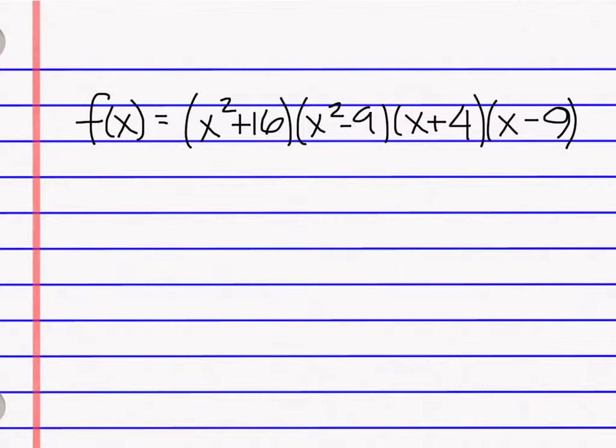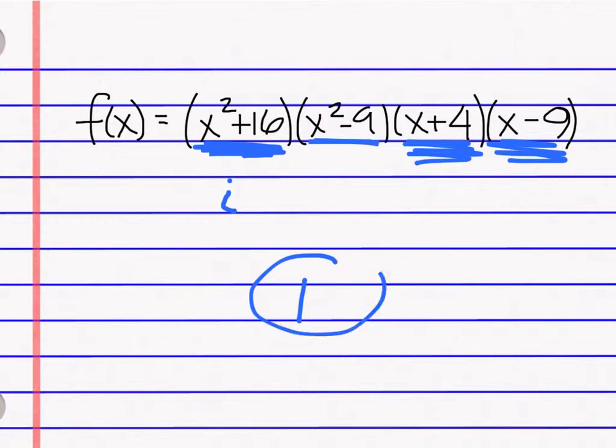On the practice, anytime you see a power of 2 and a plus sign, you're going to end up with an imaginary number. This is a power of 2, but it's a minus sign. That means when you move it to the right, it's positive, so you don't have to worry about it. This has no power on it, and neither does this one. So the answer is 1.